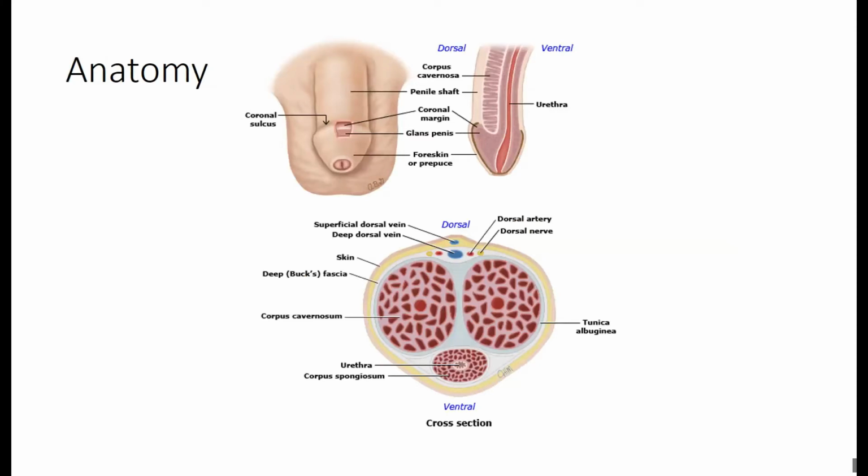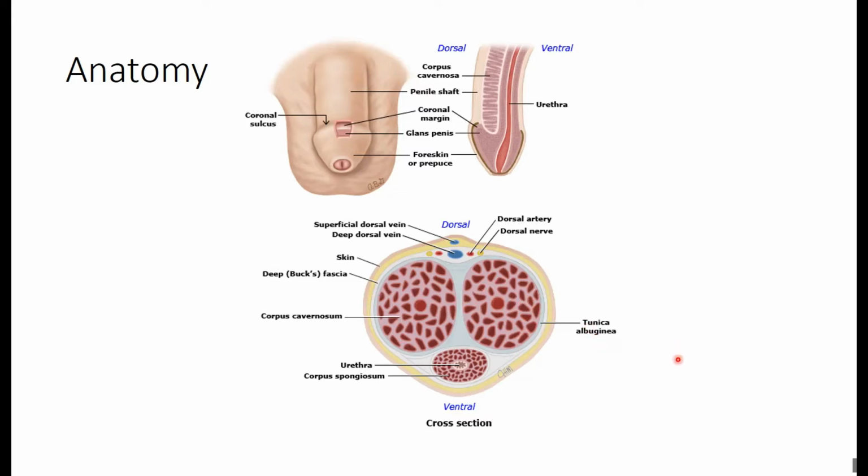Short anatomy of the penis. The penis consists of two erectile chambers called the corpora cavernosa that run along the length of the penis.